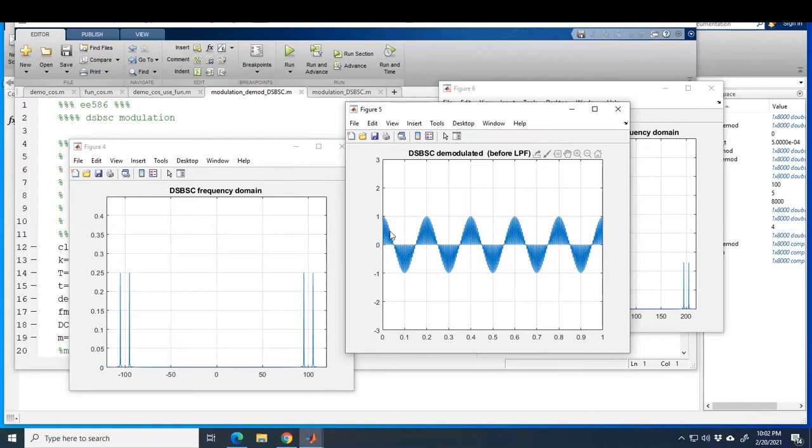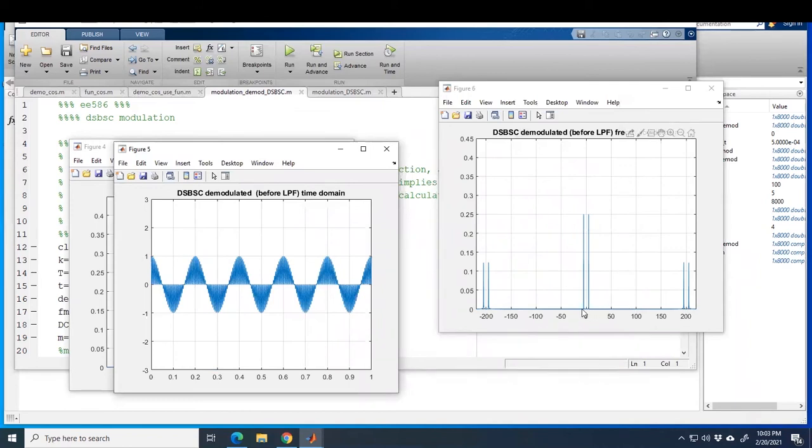Now in this frequency domain, we should see two spikes, the signal sitting at 5 Hertz, and two spikes sitting at 2 FC. It should be 200. So let's see if we got it or not.